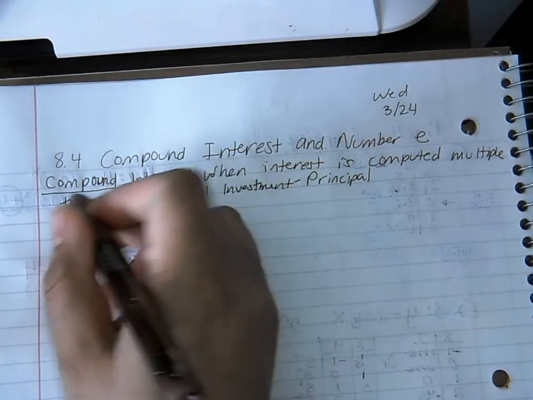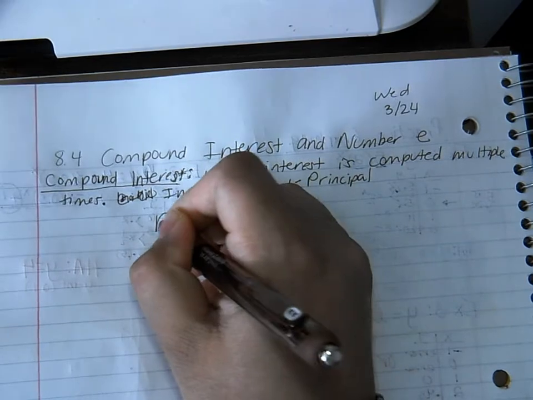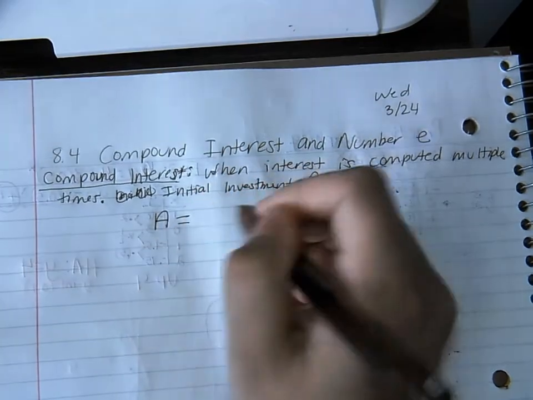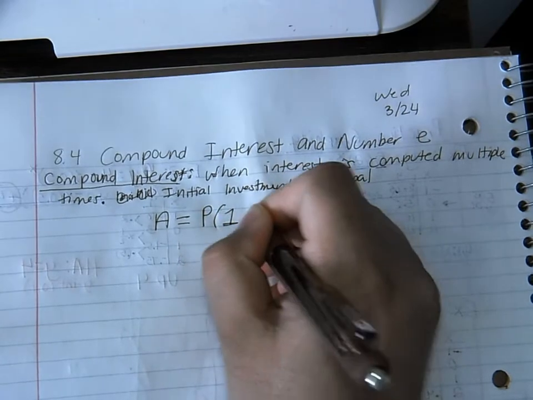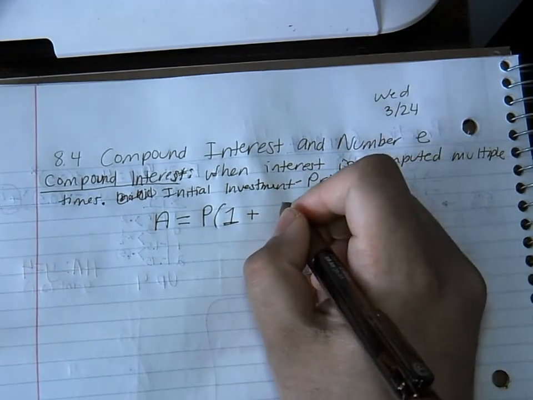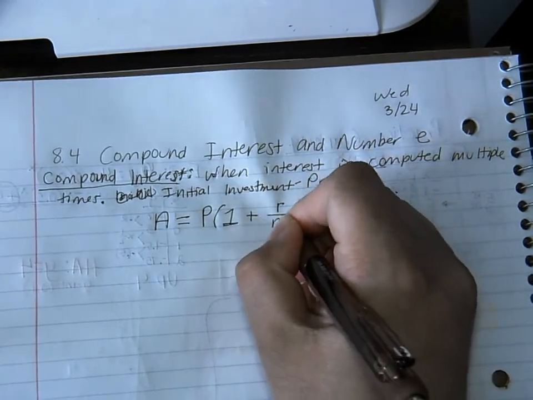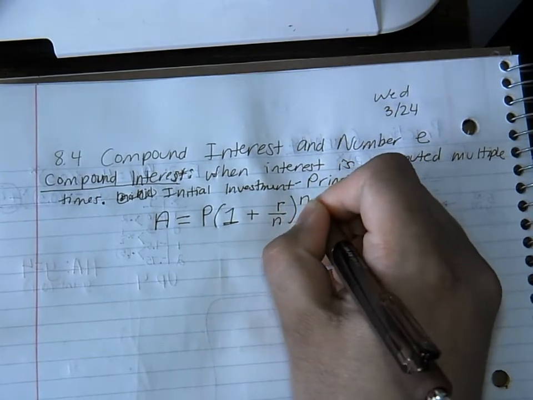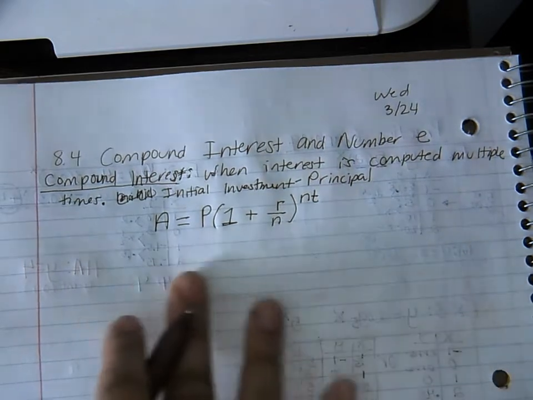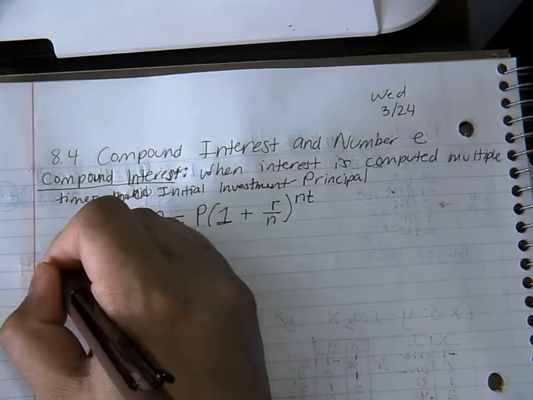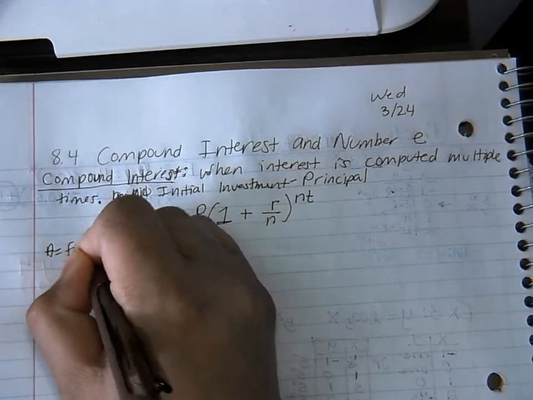The formula that's used whenever we mention the words compounding interest is A equals capital P times the quantity 1 plus a fraction, r divided by n, and at the top is an exponent, n times t. So we should know what each of these variables stands for. A is going to be your final amount.